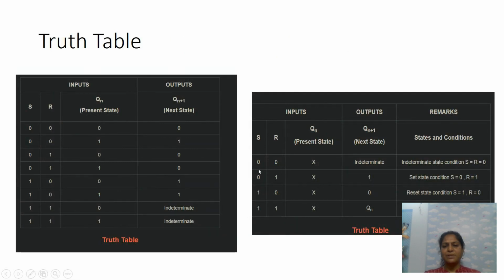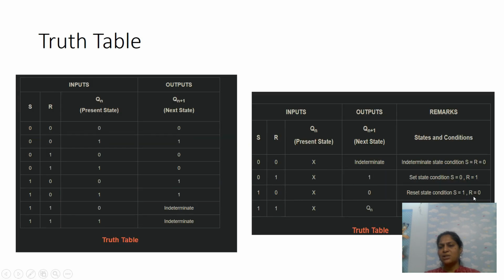If the inputs are 0 0, the present state is don't care, that is 0 or 1, and the output is the hold state. For the 0 1 combination, the output is 1, that is the set state.